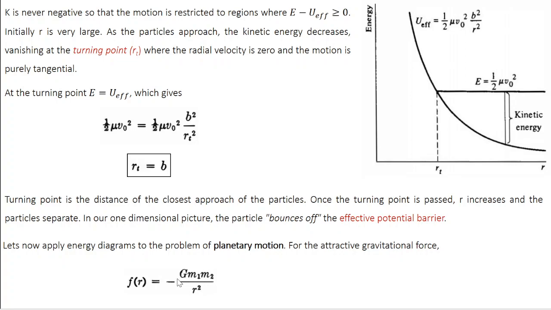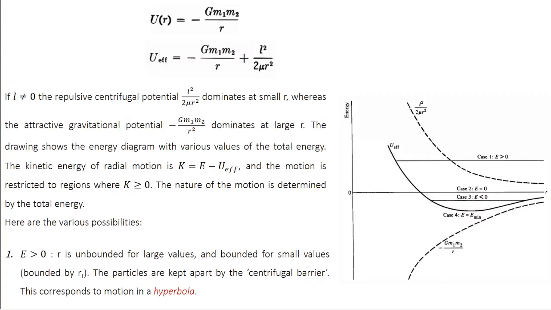The corresponding potential: F is equal to minus grad U. From this you can find the potential energy equal to minus G m1 m2 by r, and the effective potential energy equal to L squared by 2 mu r squared plus U of r. So this is minus G m1 m2 by r plus L squared by 2 mu r squared.